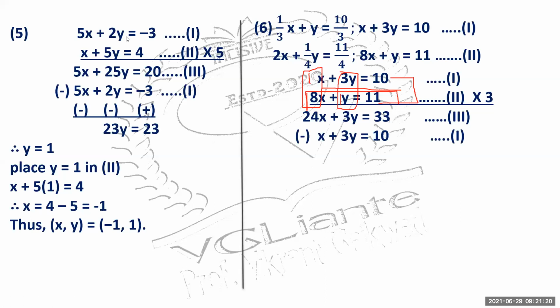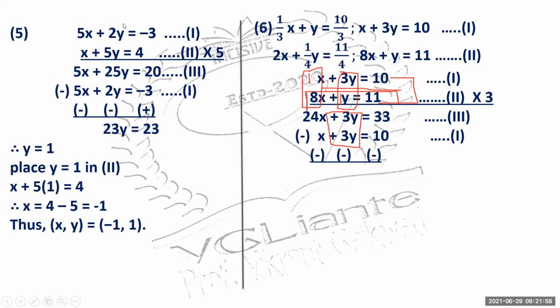Now again check, both the coefficients are same and their signs are also same. So what you do, you're going to subtract. So once you subtract, it's 24x minus x, plus 3y minus 3y, and 33 minus 10.